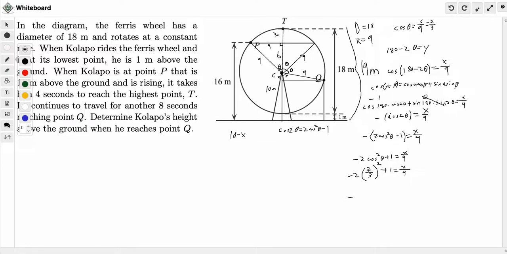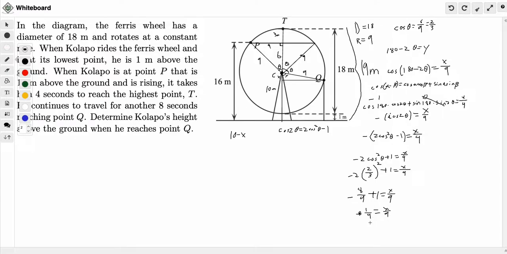Simplifying that, 2 squared is 4 over 9, times 2, minus 8 over 9 plus 1 is equal to x over 9. And now I can simplify this, so minus 8 over 9 plus 1 is 1 over 9, which is equal to x over 9.